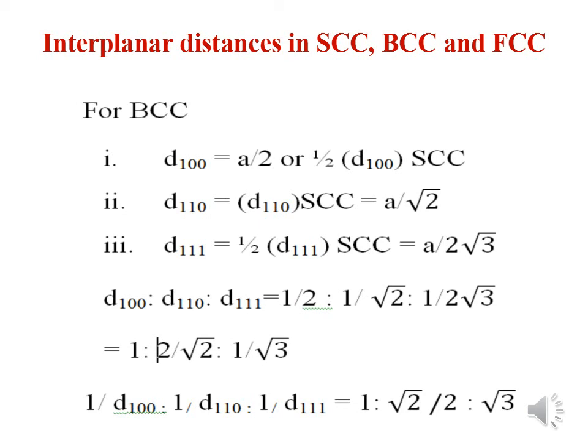And for the d111 plane, there is a plane midway between such planes, so half of the d111 value of SC, a by 2 root 3. Simplifying these three interplanar distance values, 1 by 2, 1 by root 2 and 1 by 2 root 3, and reducing the values, 1 is to 2 by root 2 is to 1 by root 3.